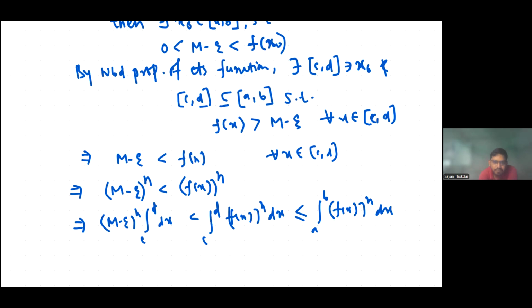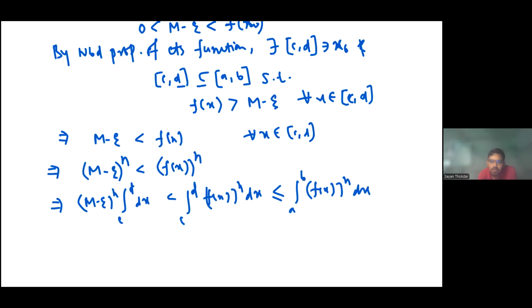And this is less than or equal to, since f of x is bounded by M all over the interval [a, b], M to the power n times the integral of dx from a to b.